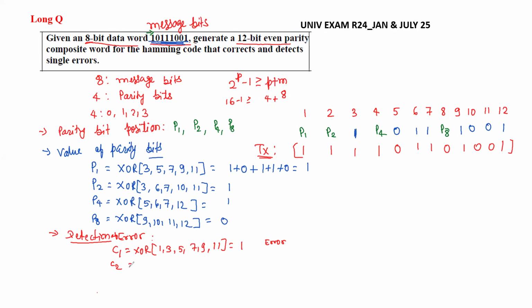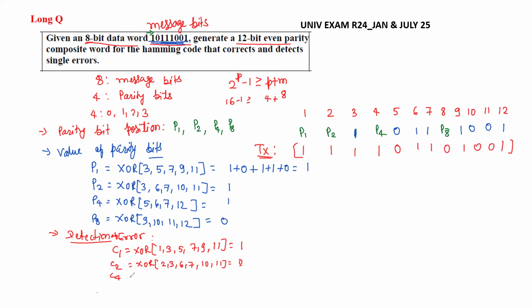All means C2, C4, C8. For C2, we have to see the XOR of positions 2, 3, 6, 7, 10, 11. Suppose I take this as 0, then no error due to this. Finally, it is better to first find C1, C2, C4, C8.